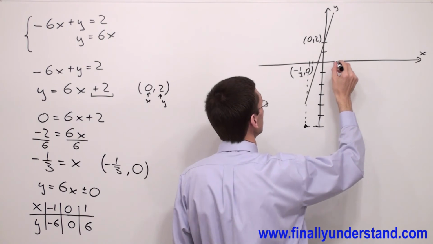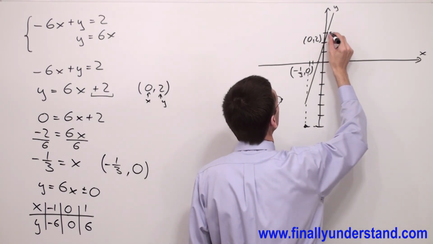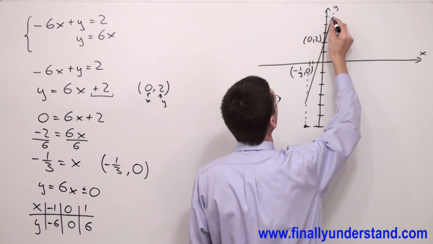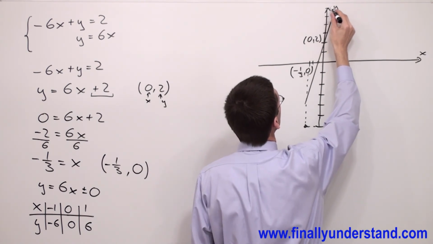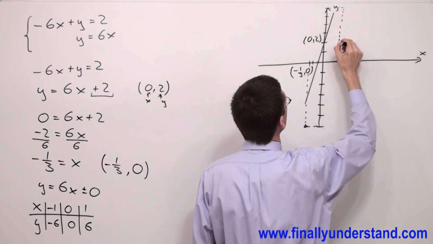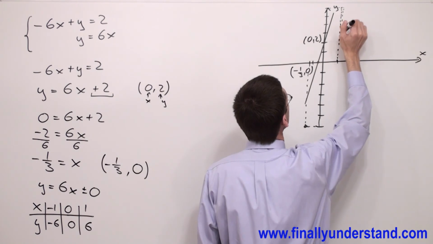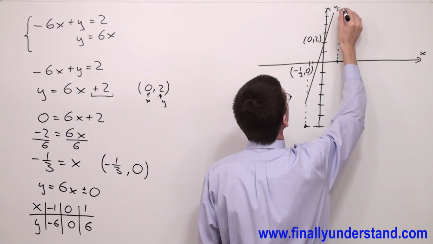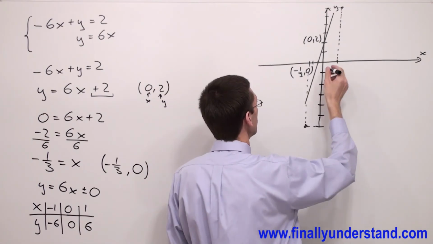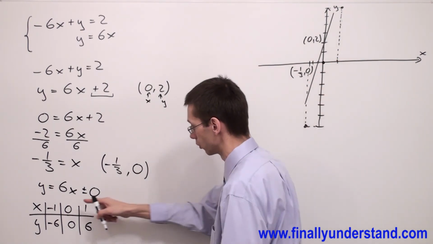Okay, and I have over here 1, and I have 1, 2, 3, 4, 5, 6 approximately. Okay, let me just be more accurate. Okay, and we got the point 0, 0, okay? We got this point, 0, 0.